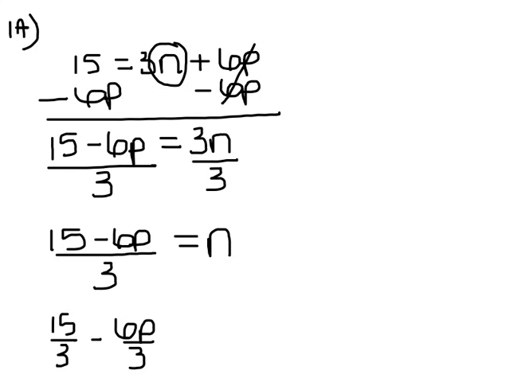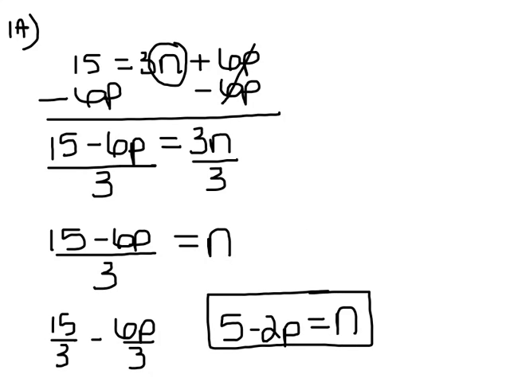Because we can divide both of these terms by 3, we'll do this. 15 divided by 3 is 5. 6 divided by 3 is 2, so we're left with 2p. And that still equals n. So our final answer is n equals 5 minus 2p.